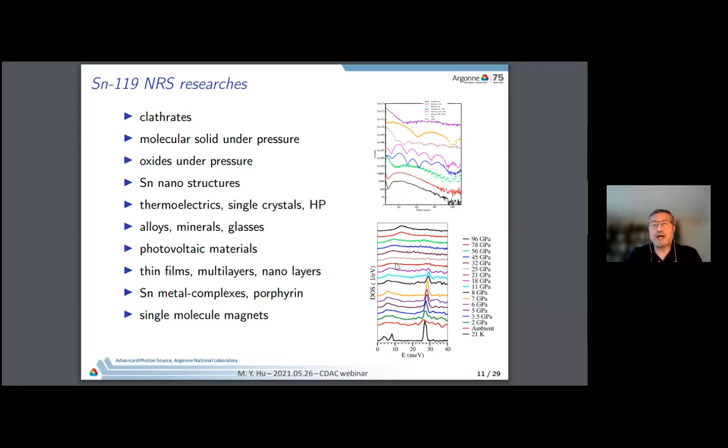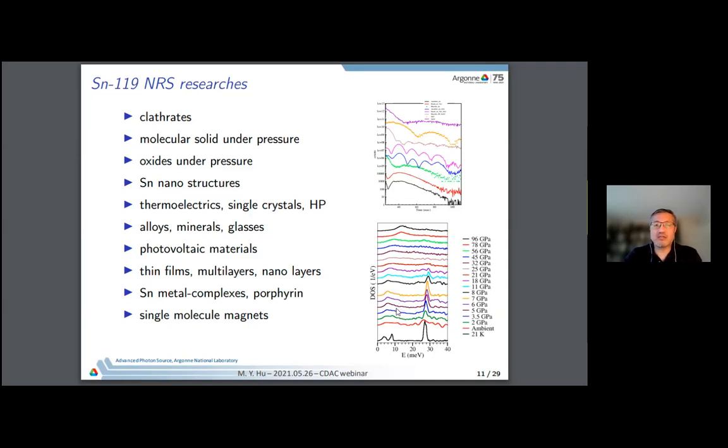And then these 2 plots, you see the one on top is the typical nuclear resonance forward scattering spectrum. They are time spectra, so the x-axis is time. So you see, watch how it decays. And then the bottom is the phonon spectrum derived from the measurement.